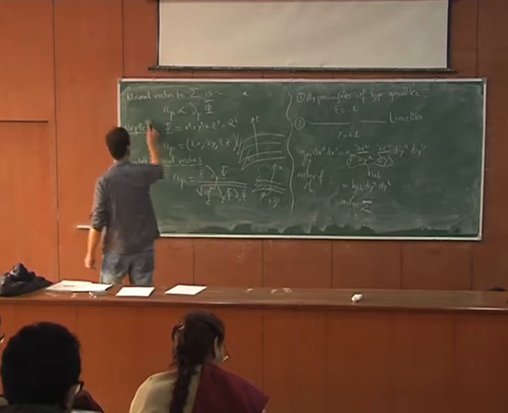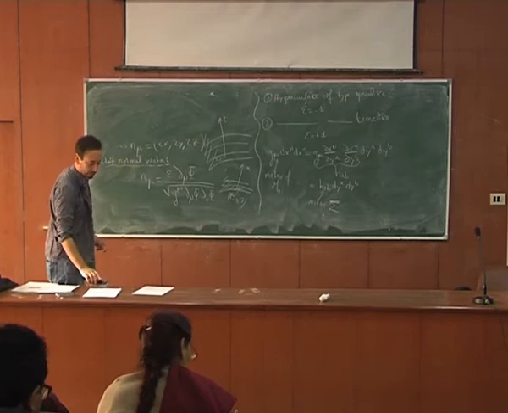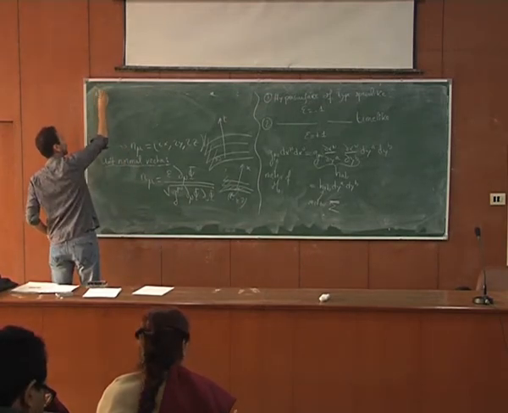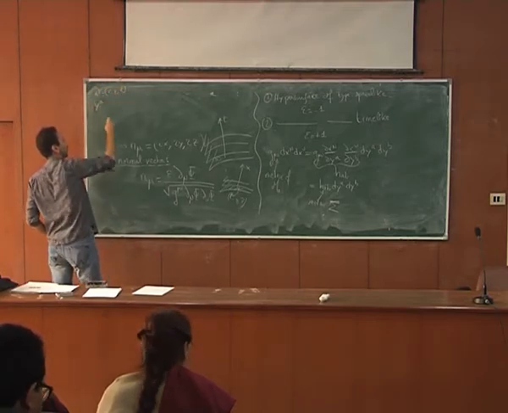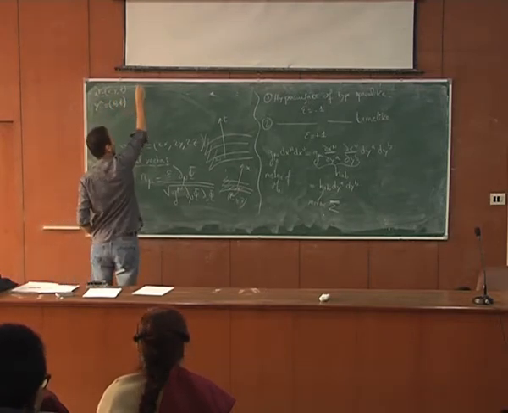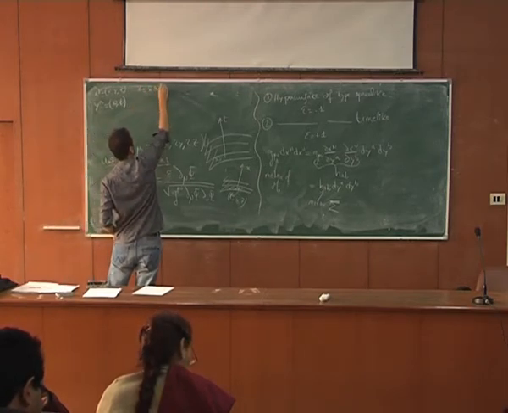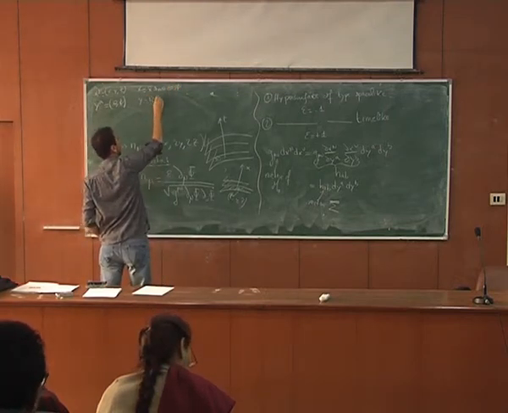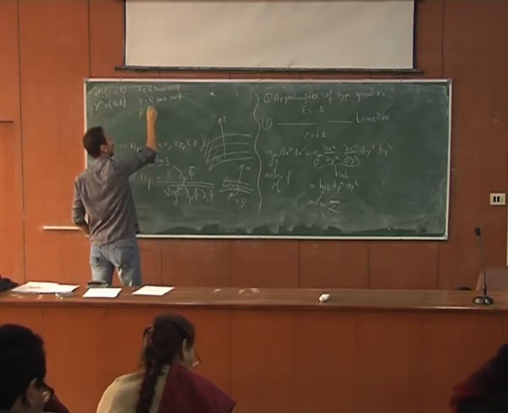Let me just give it as an example, if you want to see how it works for a sphere. Remember, for a sphere we had two types of coordinates. One is the x mu, which are x, y, z, and the other are the coordinates of the sphere, which are theta and phi. And we have a relation between them, which is r sine theta cos phi, r sine theta sine phi, and r cos theta.